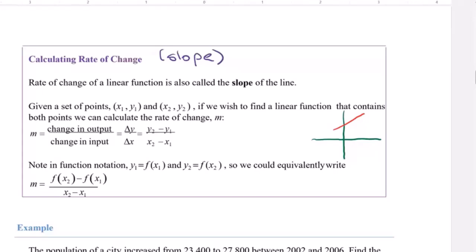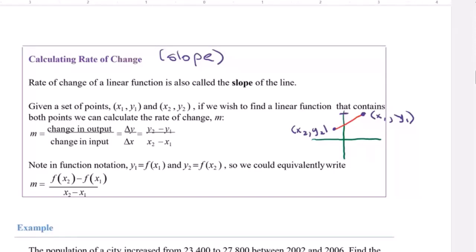So this right here, if we call this x1 comma y1, and we call this point here x2 comma y2, it doesn't actually matter what I call them or what I name them, but I need to name them something different.